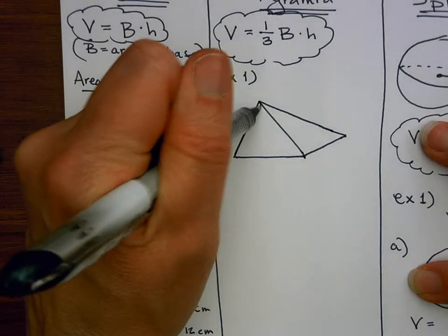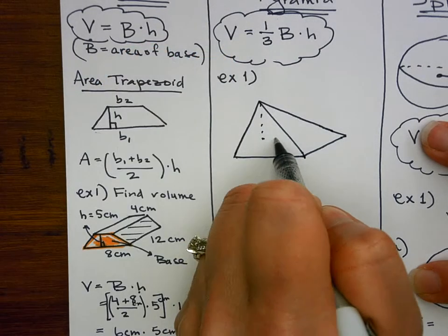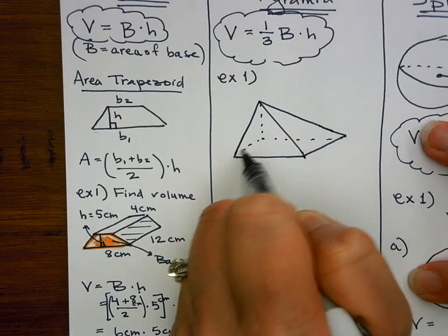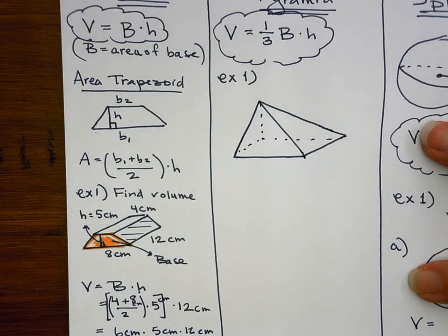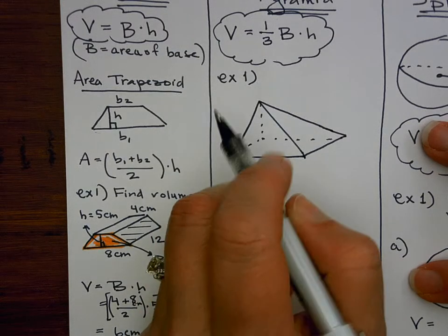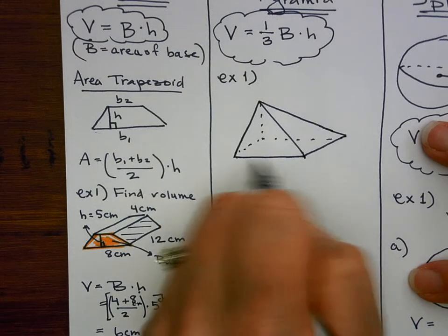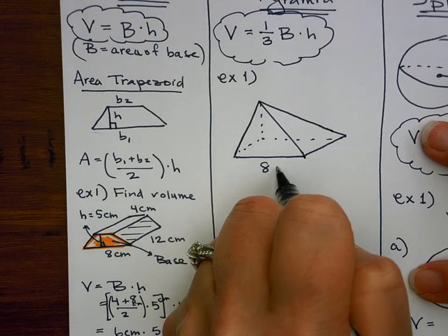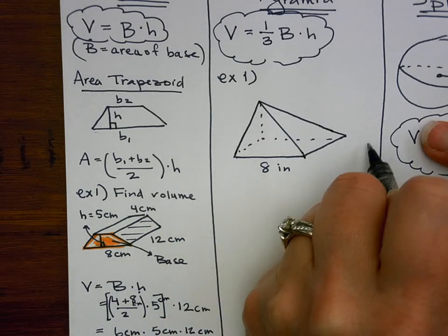So let me draw in some dotted lines to see if that makes it better or worse. So, okay, the bottom is a square. It doesn't look like it, but I'm letting you know the bottom is a square. Okay. So we're going to say that this side right here is 8 inches. So this side would also be 8 inches.